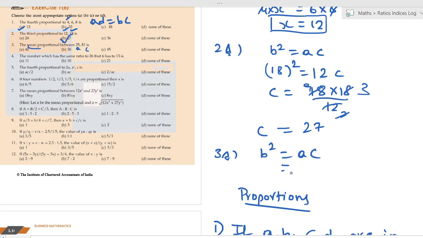We know A is 25, C is 81. So B square is equal to 25 into 81. B is equal to root of 25 into 81. Root 25 is 5, root 81 is 9. So 5 into 9 equals 45.